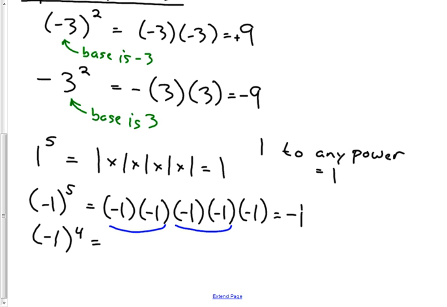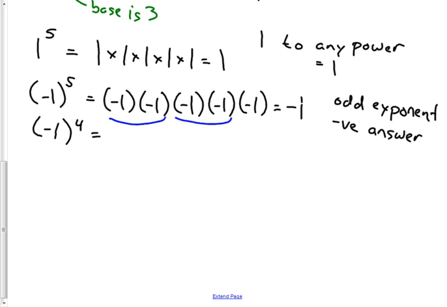So we could write this as a rule. Let's say something like odd exponent will give us a negative answer, if our base is negative. If, on the other hand, we have an even exponent and a negative base, remember we have negative 1, negative 1, negative 1, negative 1, these two together will give us positive 1.